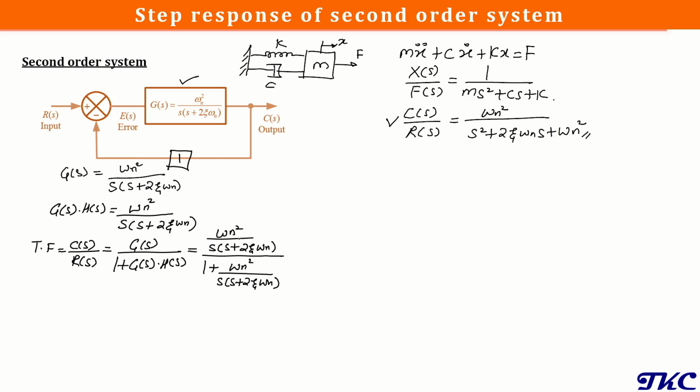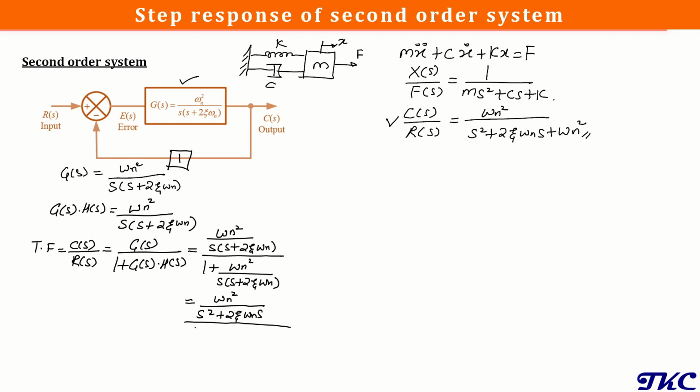Now we have to simplify this expression, so let's do that. In the numerator we have omega n square upon, and we can multiply this s inside, so it becomes s square plus 2 zeta omega n s. Divided by, now here we can cross multiply this denominator with 1.